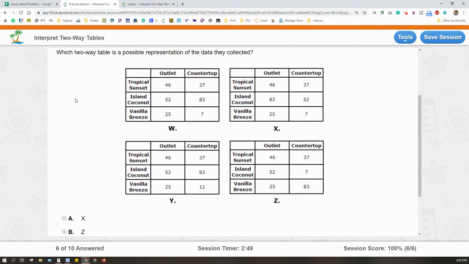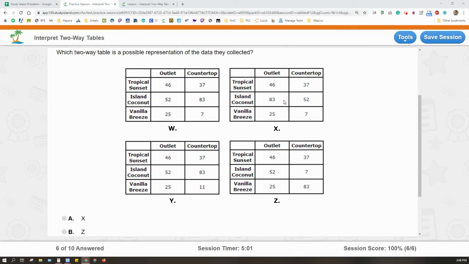Here are your choices: table W, X, Y, and Z. So this one's pretty simple. All we have to do is look for the data that shows that the countertop Island Coconut is the most popular option. So let's take a look at W. You've got countertop Island Coconut, that's 83. Is that the largest number in the table? Yes, it is. So that looks like a possible answer.